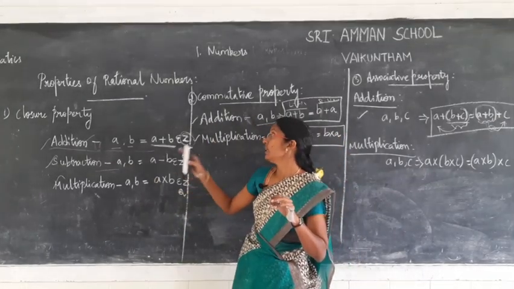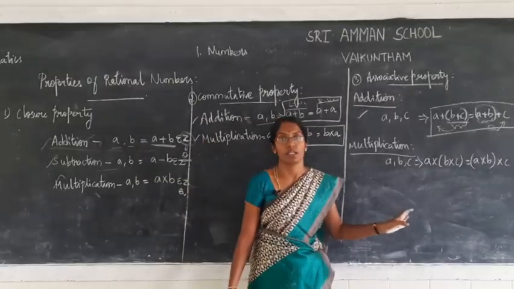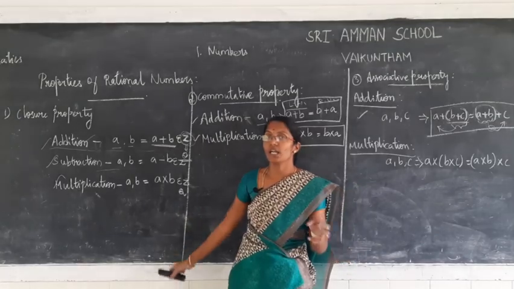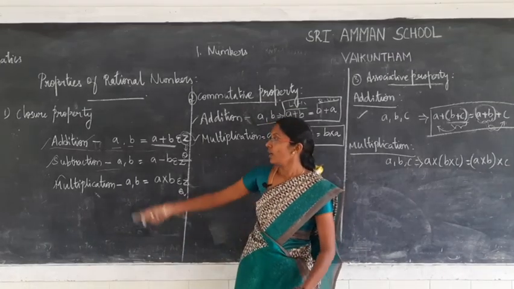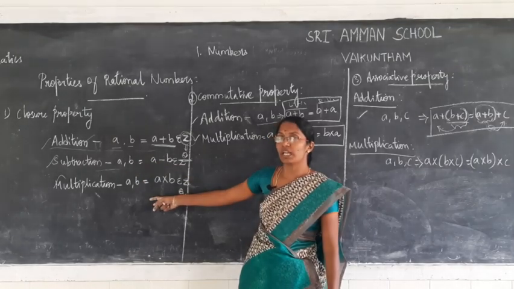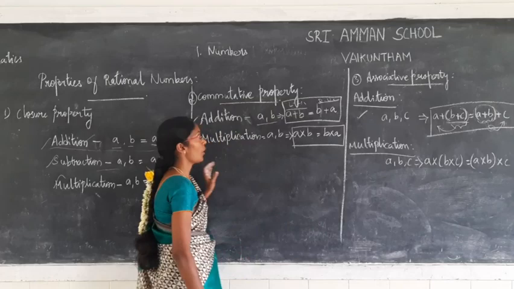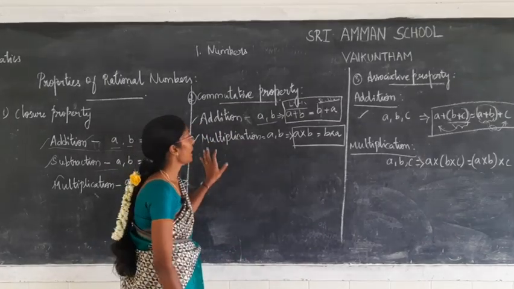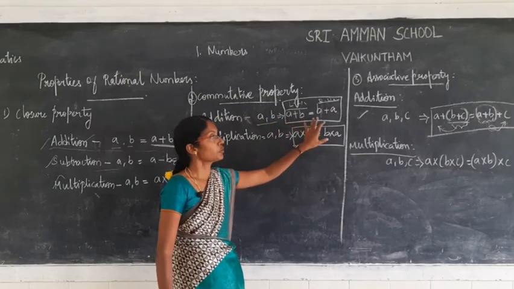So what are the three properties we have seen now? Closure property, commutative property, and the third property is associative property. For closure property, I take two numbers. For any two rational numbers, addition, subtraction and multiplication are satisfied for closure property. Commutative property is satisfied only for addition and multiplication. For addition, a plus b is equal to b plus a.